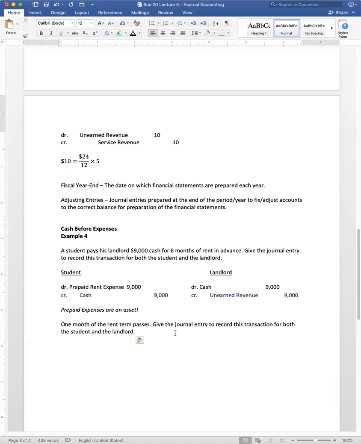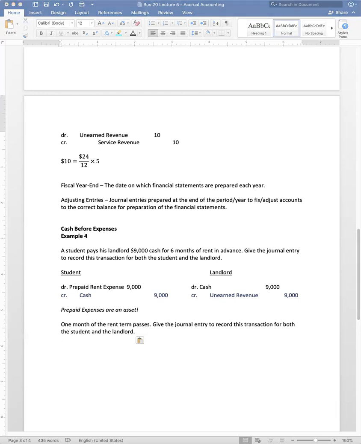Yes, they do. It's not the whole $9,000, but they do have 1 month's worth of expense. Right? Imagine there was a problem and the landlord had to evict everyone and get them out of the apartment building, right? And the student got a refund. They wouldn't get a refund for all 6 months, only the 5 months they hadn't used yet, right? So after 1 month passes, the student has some expense.